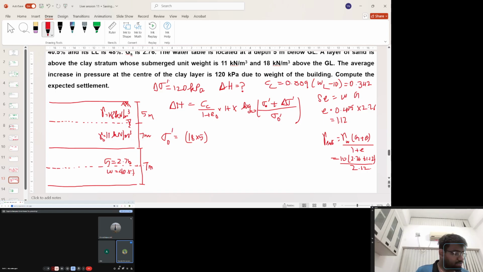How much are you getting? 2.76 plus 1.12 into 10 divided by 2.12. 18.3 kilonewton per meter cube. Gamma submerged will be 8.3.